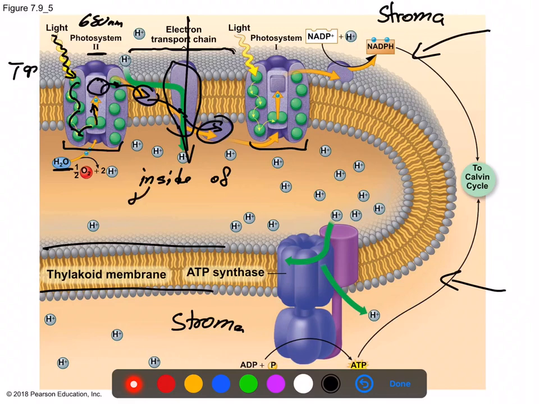We move acid from the stroma to the inside of the thylakoid compartment. And notice that there's less acid here, and there's just a ton of acid in here. All of that is because of that transporting of acid into the thylakoid disc.